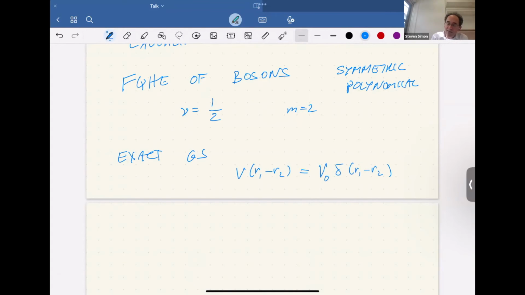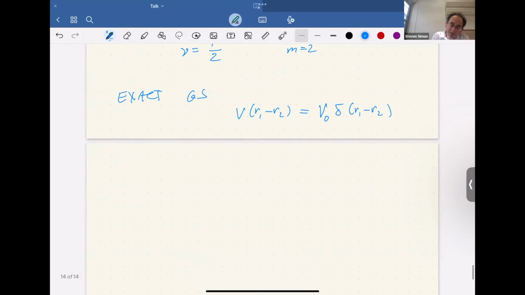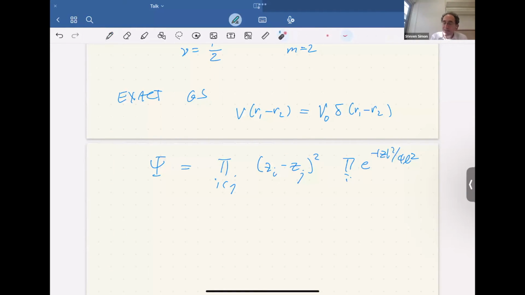So let's look at that for a second. So the wave function psi equals the product over i less than j of (zi minus zj) squared times the Gaussian factors, which I'm not interested in. So the point here is this is a positive definite interaction, which can only give you positive energy.